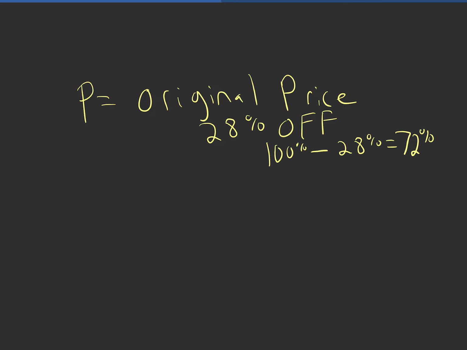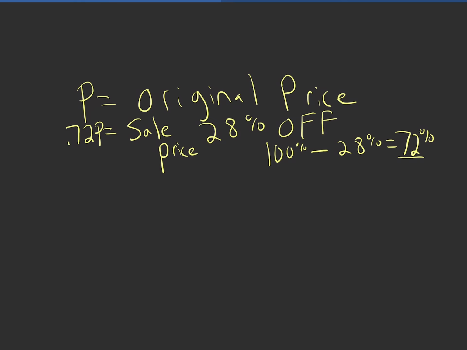So if I take 28% off of the price, I am still paying 72% of the price, so I'm still paying 0.72 of the original price. This now represents my sale price: 0.72p.